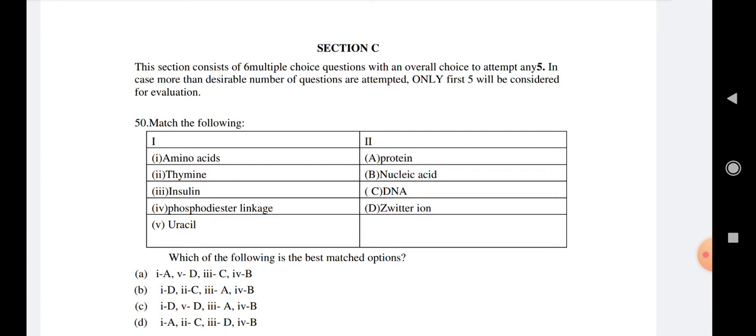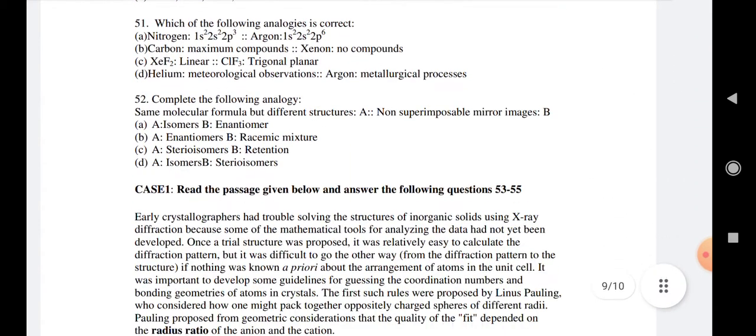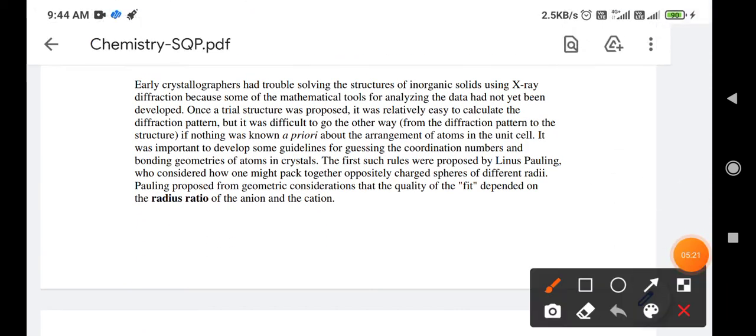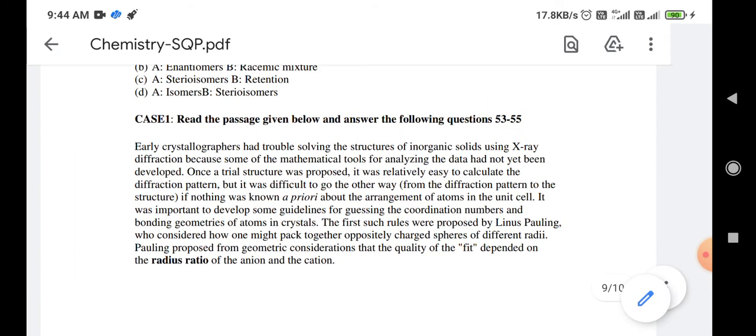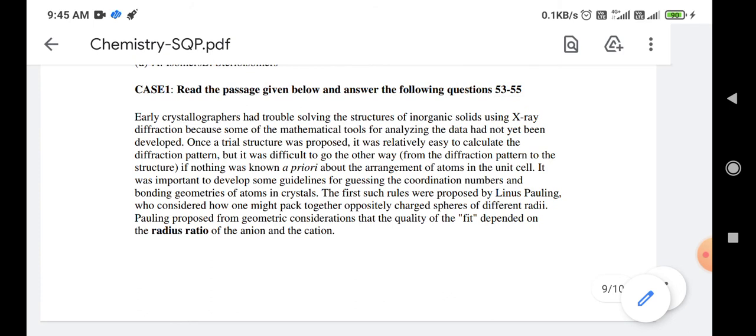Next, in section C we will have multiple choice questions, as well as a case based study question. That is very important. In case based study questions, a passage will be given, and depending on the passage there will be some questions that will be asked.